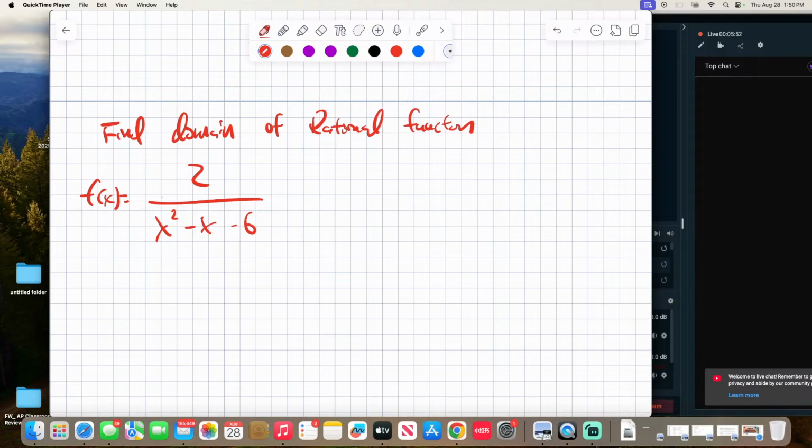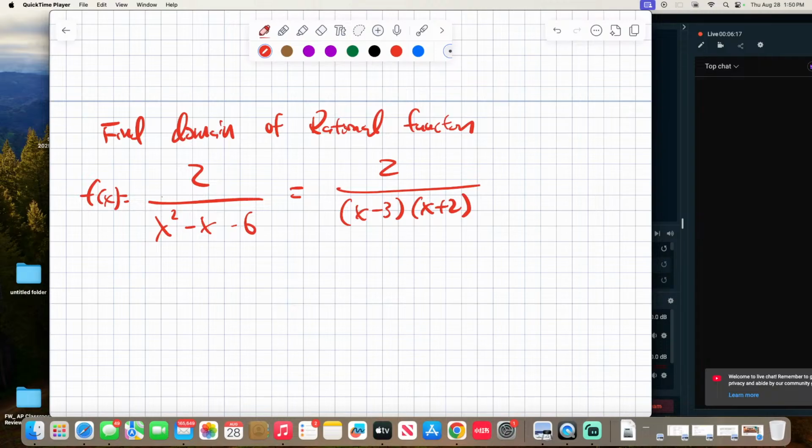No one knows? You factor the bottom polynomial. So that's going to be x minus 3 and x plus 2, right? Now, what do I do next to find the domain?